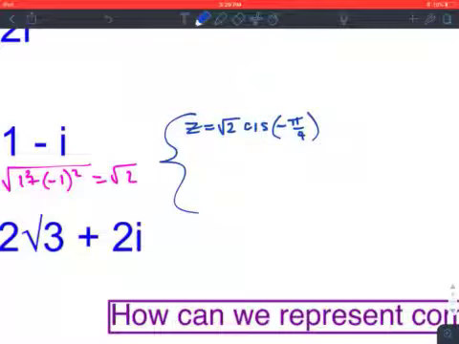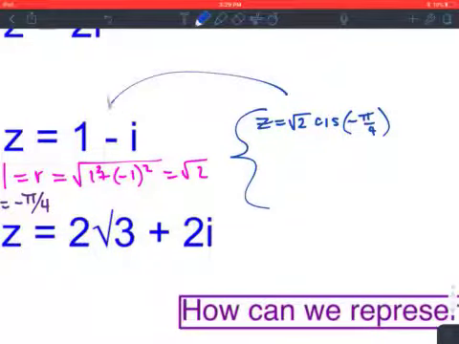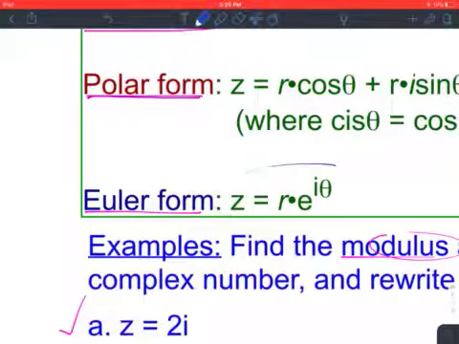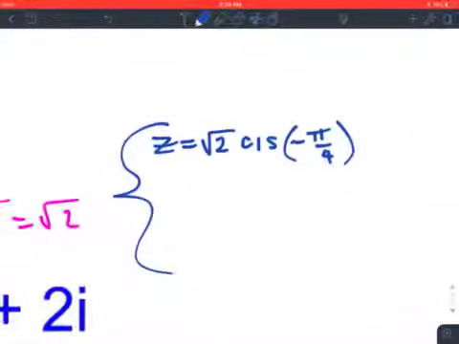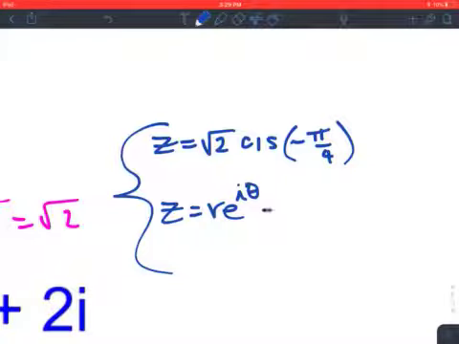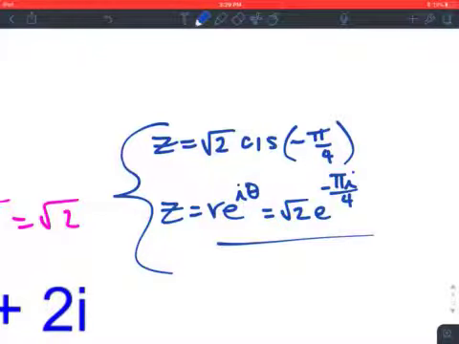And you could obviously simplify it and get back to your Cartesian form. And if you want to do an Euler form, well, that's an easy one. r e to the power of i theta. z is equal to r e^(i theta), square root of 2 e^(negative pi i divided by 4), and there's Euler form.